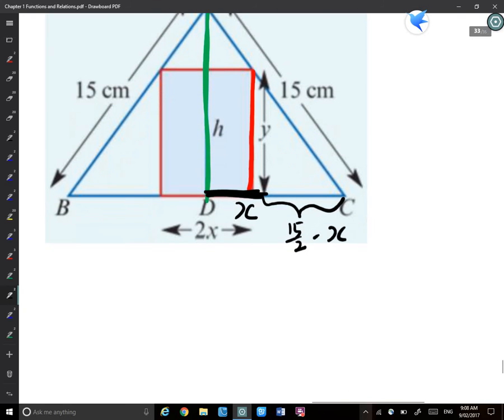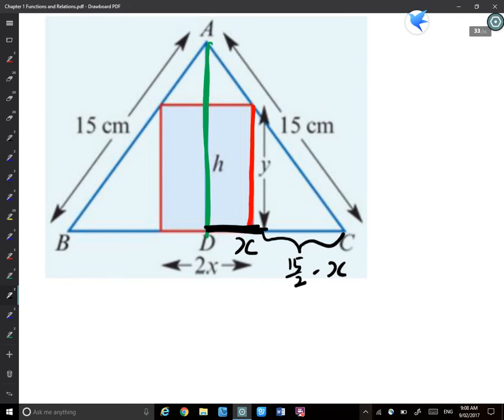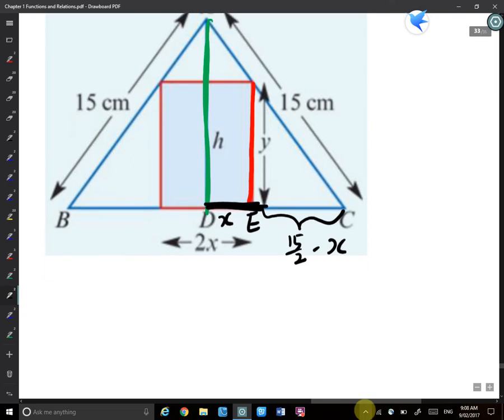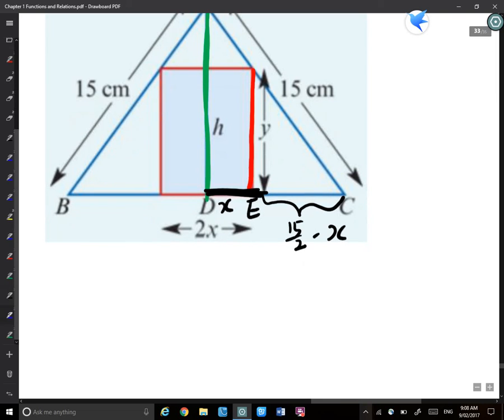Let's give this point a value e. So that's x, that's e. What I can write is y over h equals 15 on 2 minus x over 15 on 2.